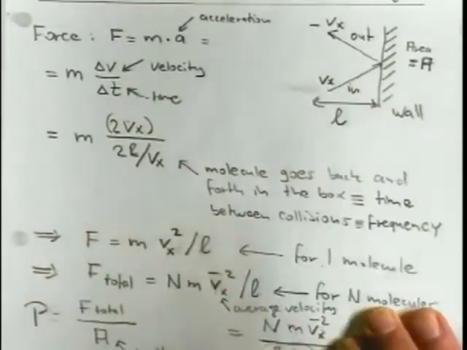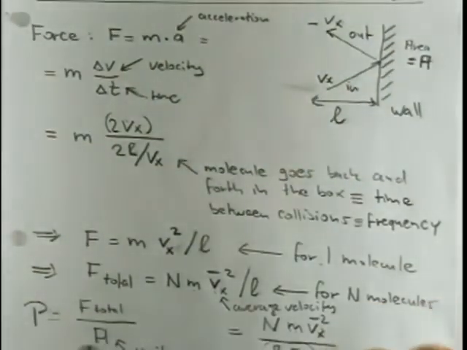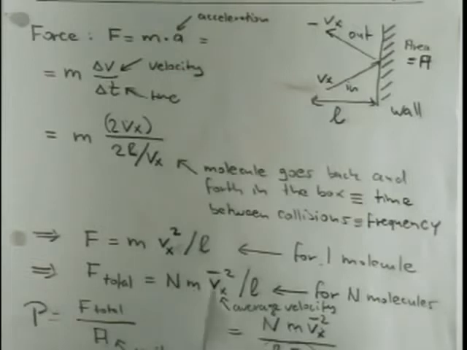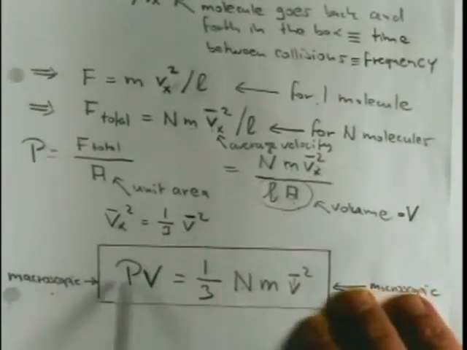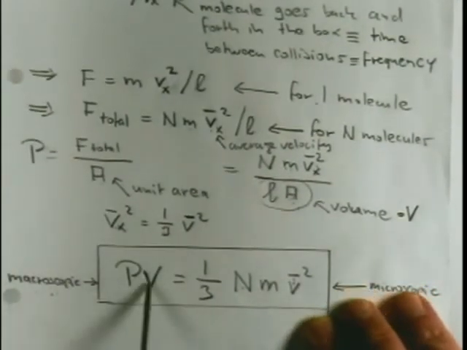So force per unit area: I have the force I just calculated, n times m times v bar squared, divided by L. And L times A is the length times this area. That's a volume. I can write V here. So now I take that V up here, and I have P times V.